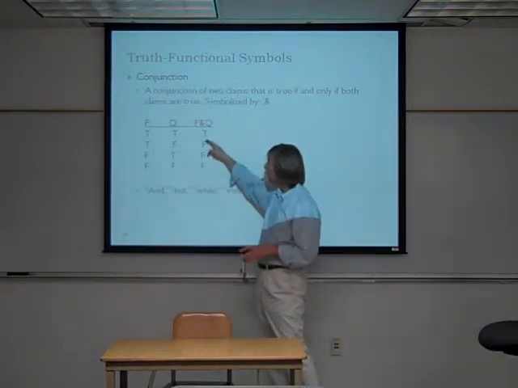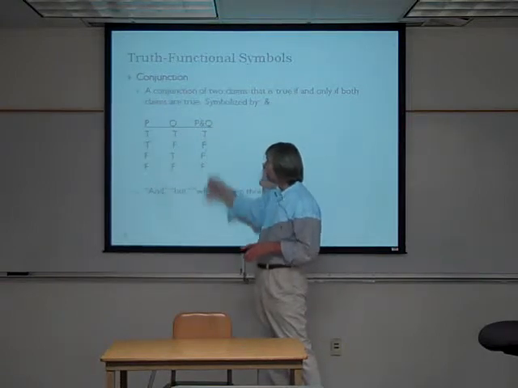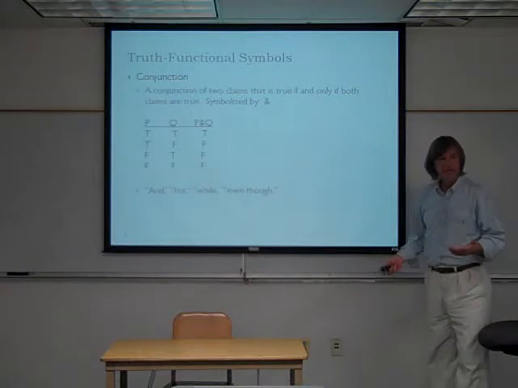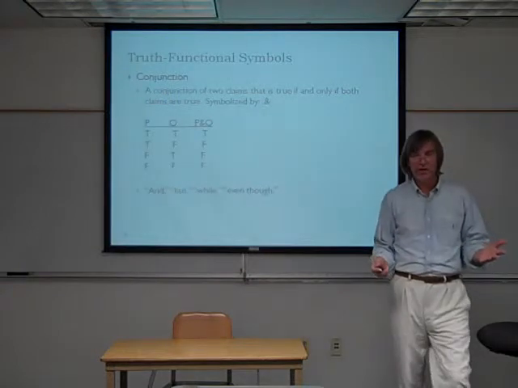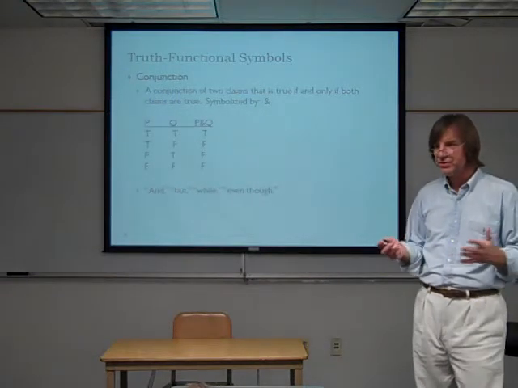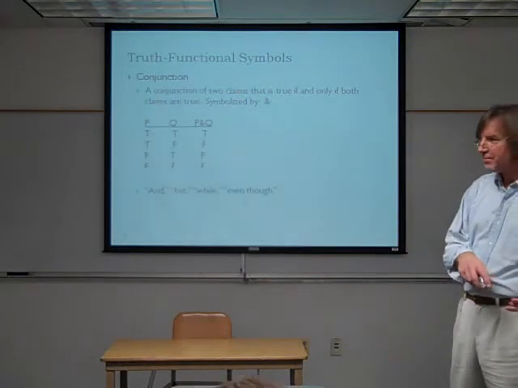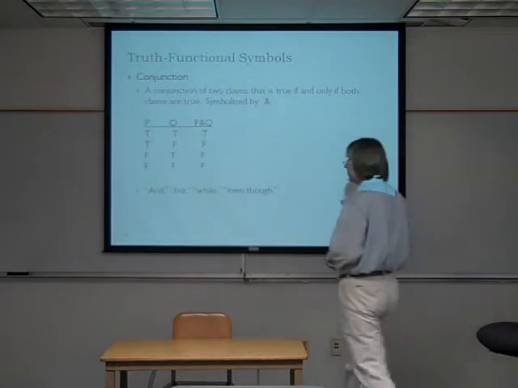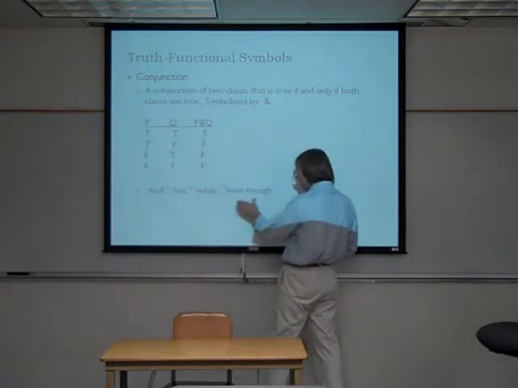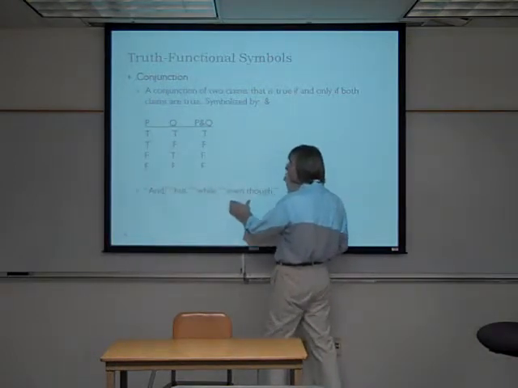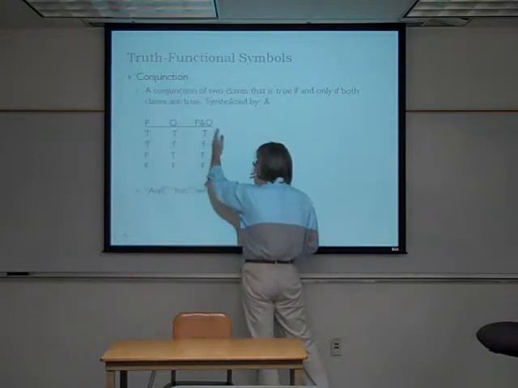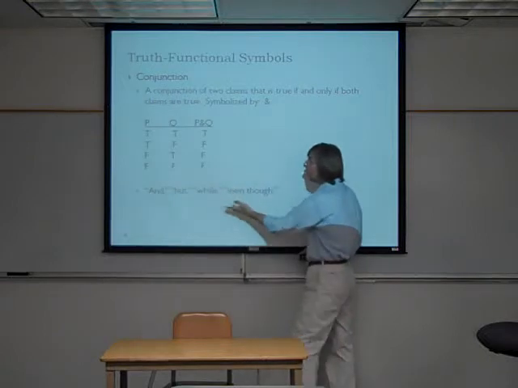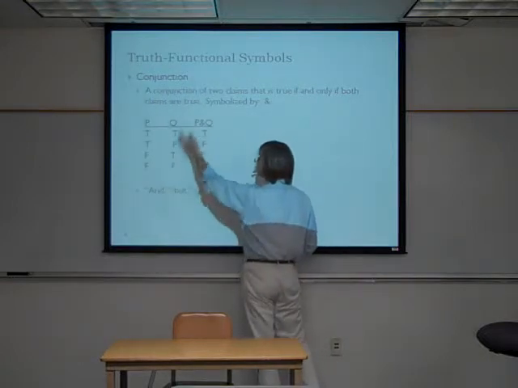And you'll notice on all the other possibilities, P and Q are in fact false. And is the English word that is usually used to translate the ampersand or the conjunction. But also, but, while, and even though will work. P but Q, P while Q, all of these would serve as a form of conjunction.